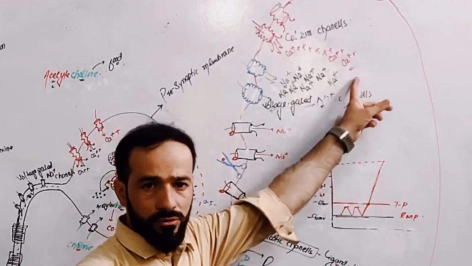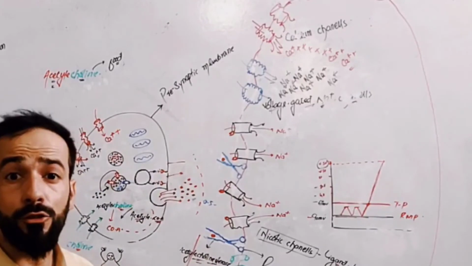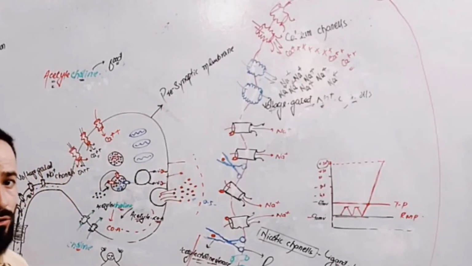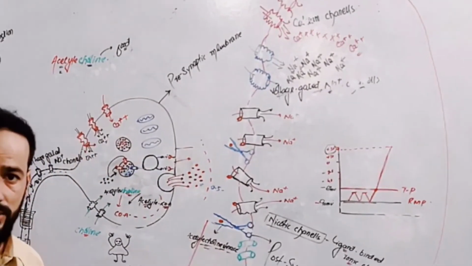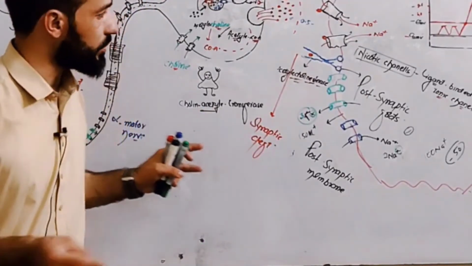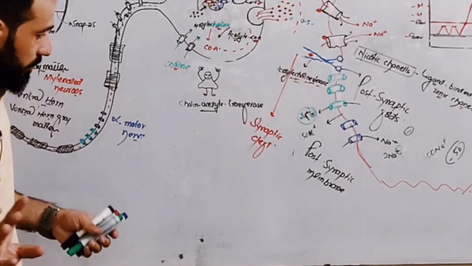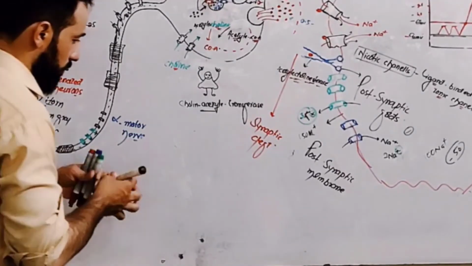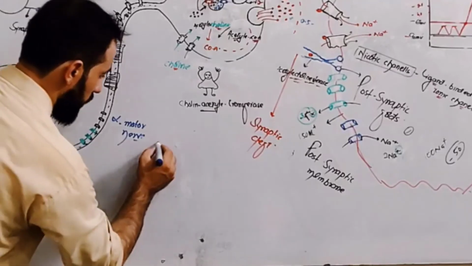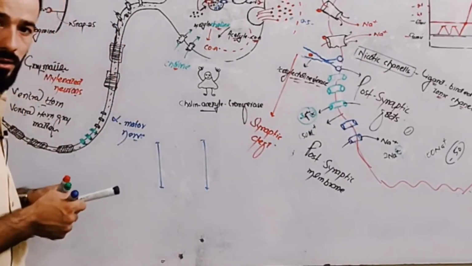These calciums will go and bind with the troponin components of the sarcomere, which I have explained in my previous lectures. My friend, I told you that I'm not explaining the physiology, I'm just explaining the anatomy of the neuromuscular junction, right? So what was there in the previous lecture? Yes, two Z lines, right?